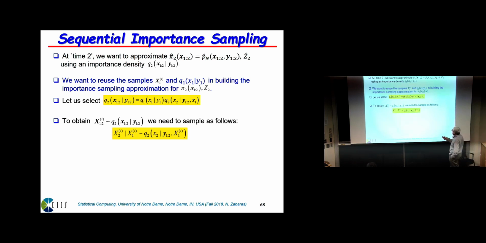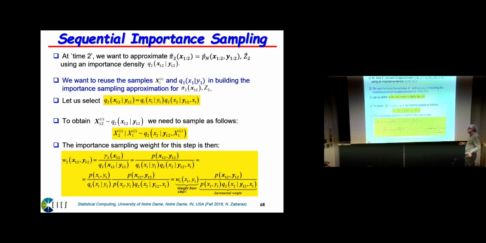If you already sampled x1 in step 1, then effectively you're moving it to x2 given x1 using this term. And of course the index i here is the number of samples, right? You take several samples x1, and each of them you move to x2 through this Q2.